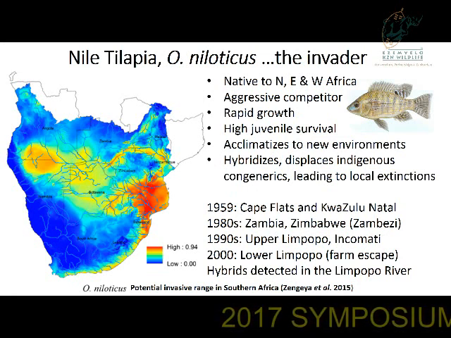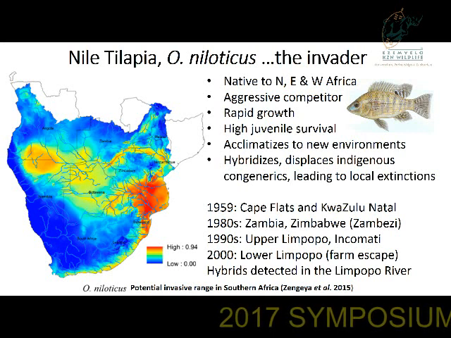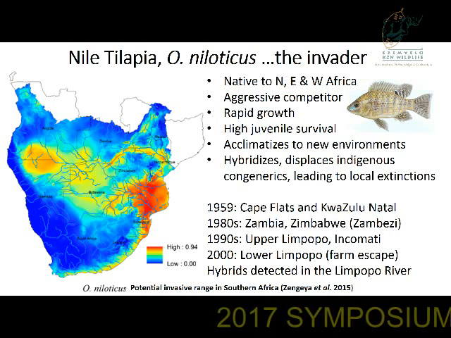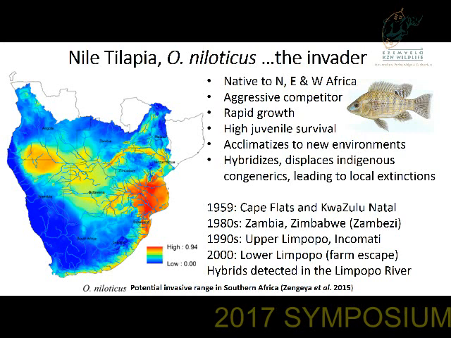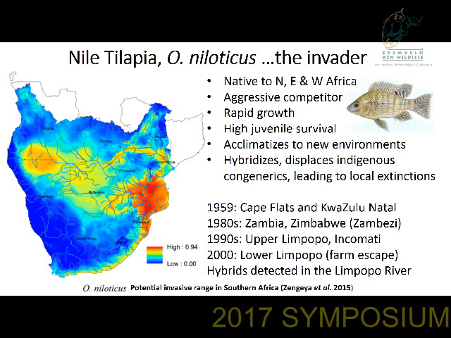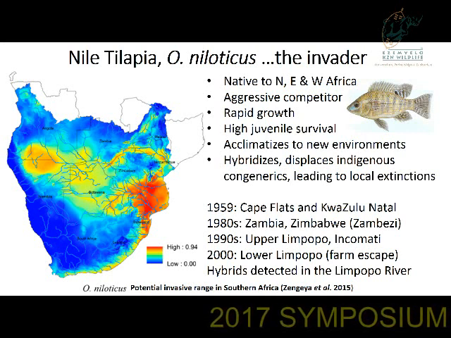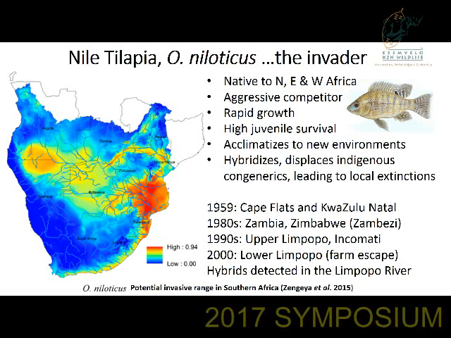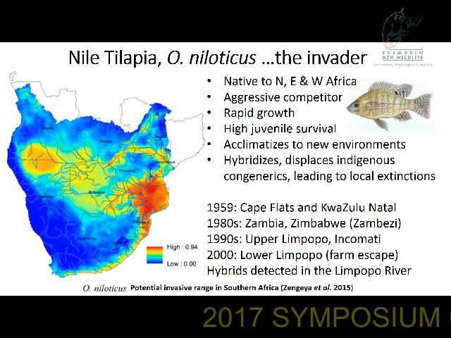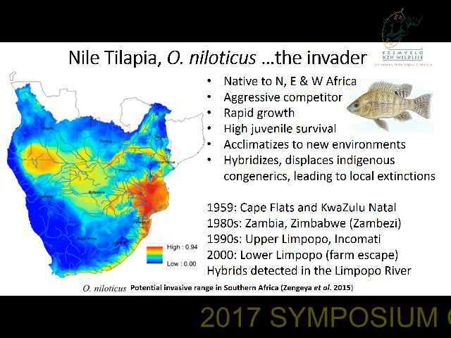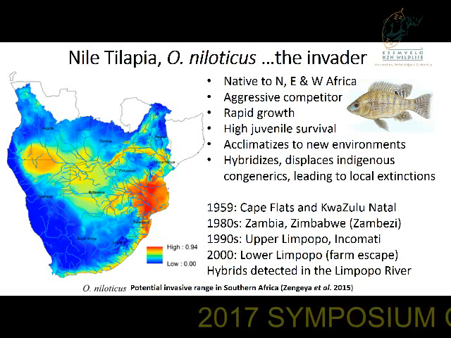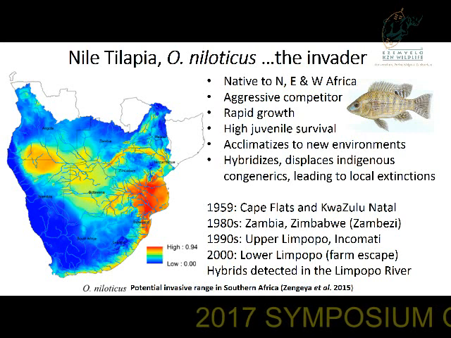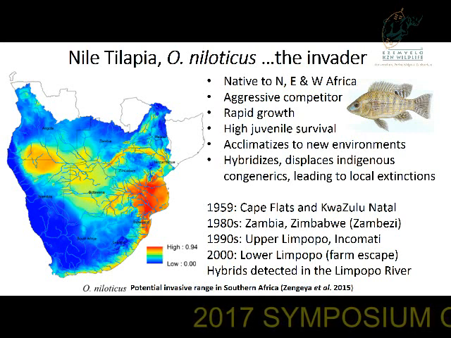It's native to the Nile system, to the Niger system, the Senegal, so North Africa, parts of East Africa, parts of Central Africa. It's not native to Southern Africa at all. It's an aggressive competitor, and it grows rapidly and it matures rapidly. The males in particular mature at a much smaller size than Mozambique tilapia.